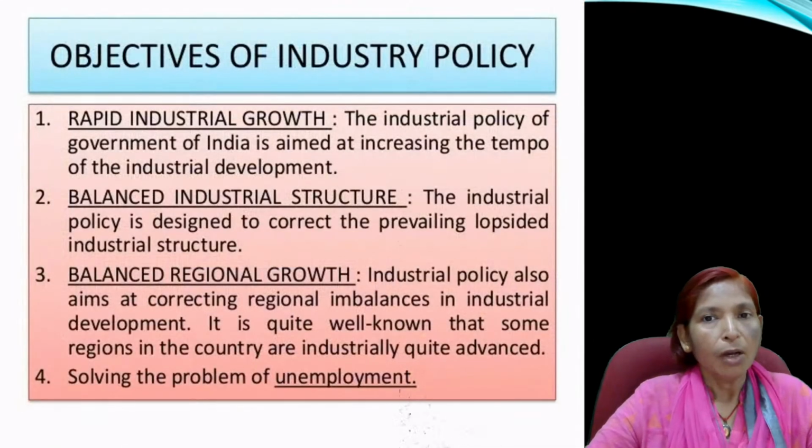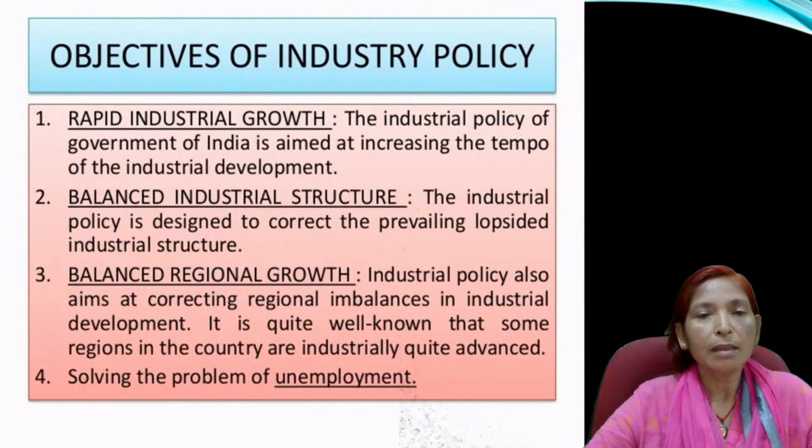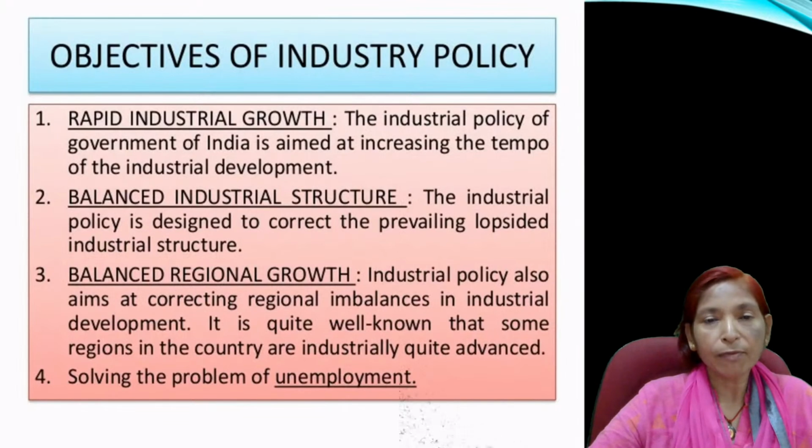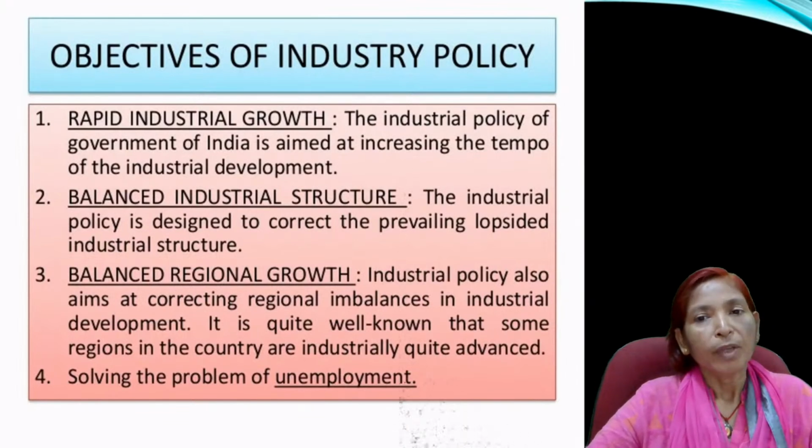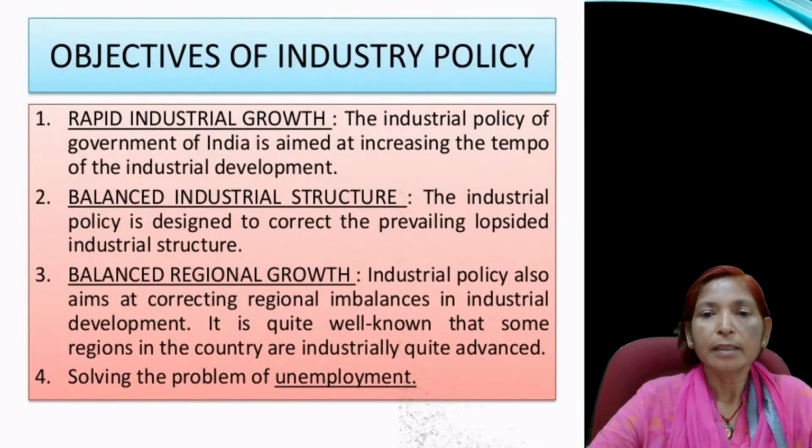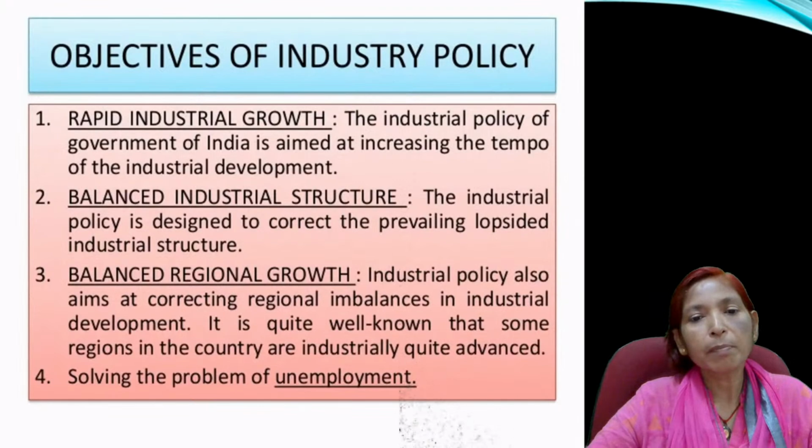Now, next is objectives of industrial policy. We can classify it in these points. The first objective of the industrial policy is rapid industrial growth. The industrial policy of the Government of India is aimed at increasing the tempo of industrial development. Second is balanced industrial development.